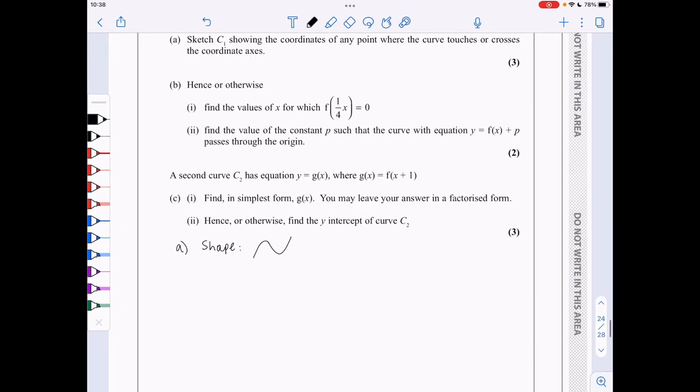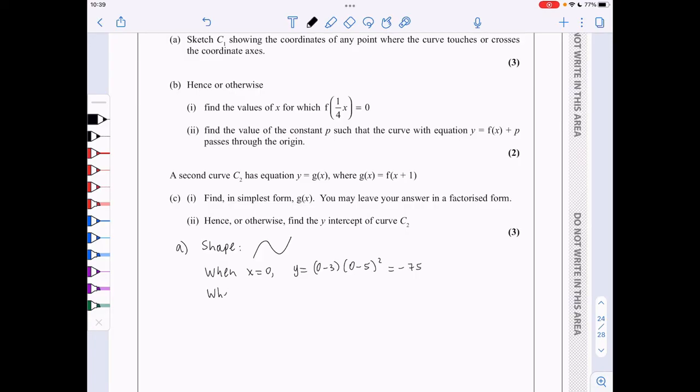Now we also know that when x is 0, to find the cut on the y-axis, we see that y is (0 minus 3) times (0 minus 5) all squared, which is minus 75. So we are cutting the y-axis at negative 75.